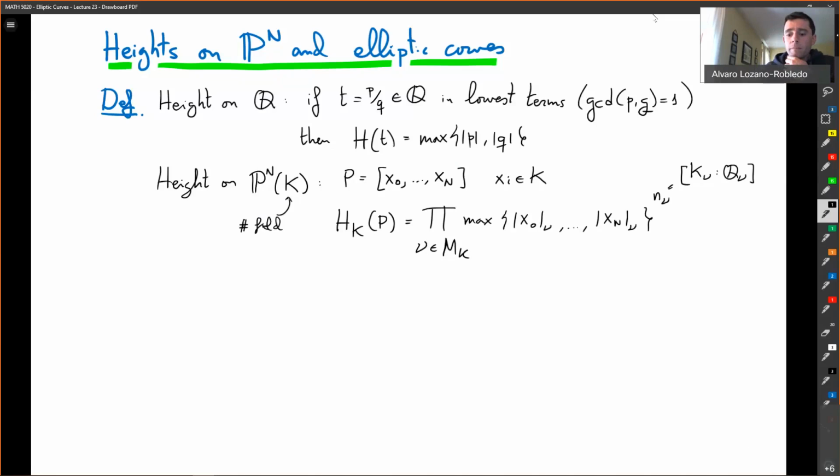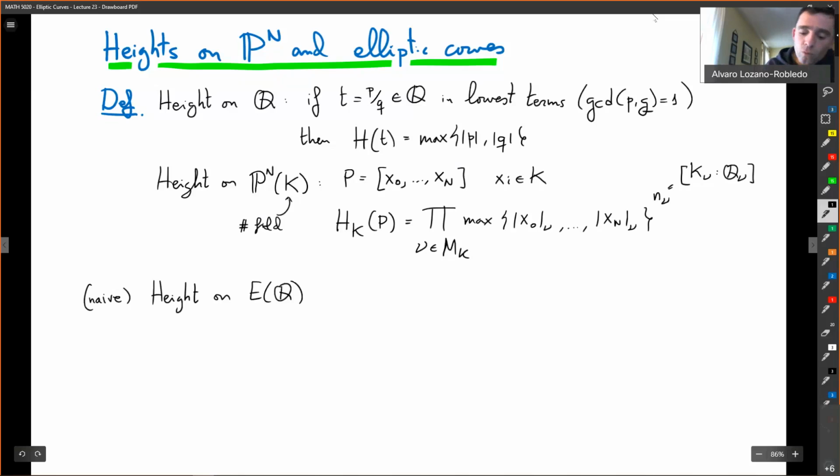Right, but we're mostly going to just stick to Q. But so now, what is a height on an elliptic curve? So height, and this is the naive height on an elliptic curve over Q, which is relative to a given Weierstrass equation of your elliptic curve.